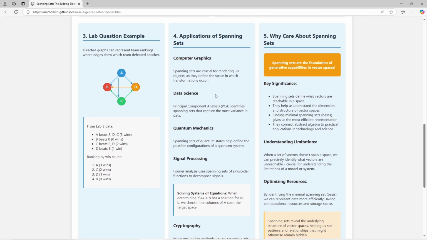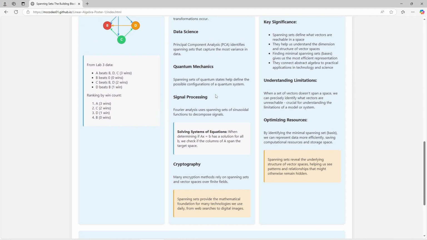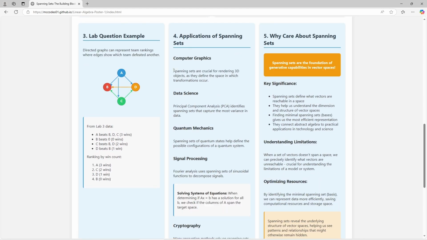So applications of spanning sets, got a couple on here. Computer graphics, obviously, as well as game graphics, all utilize linear combinations. Data science, I actually just had an interview about this, using spanning sets for principal component analysis, where they identify spanning sets capturing the most variance in data.